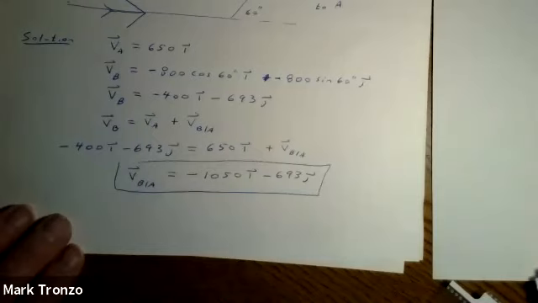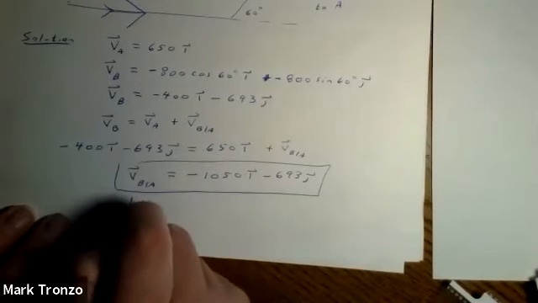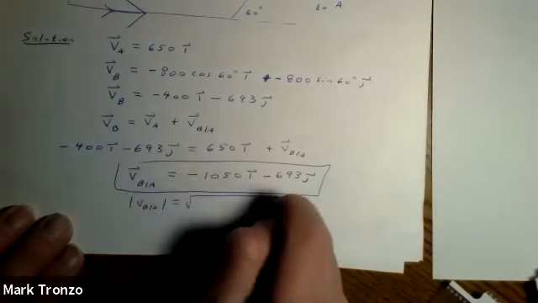If we wanted to find the magnitude, this one asks us for the magnitude. The magnitude would be just the square root of the sum of the squares.